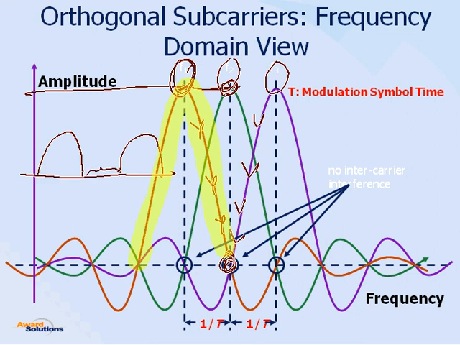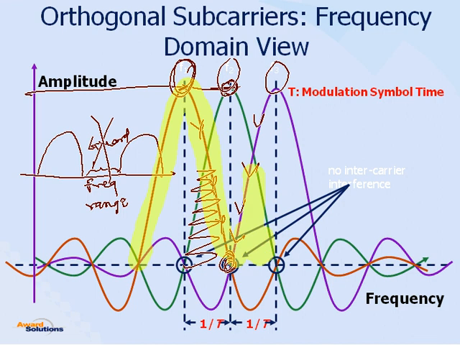There would be some frequency range where you would not find any significant energy. Tiny little bit of energy, but not much. So that's the real guard. But we do not have such a guard band between two subcarriers in an OFDM system. In fact, there is overlap. You can see a lot of overlap.